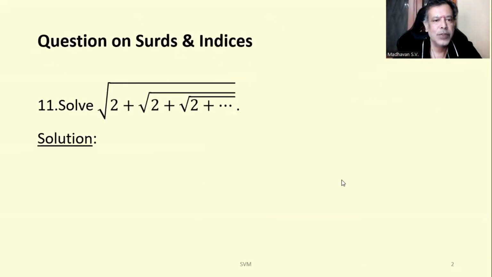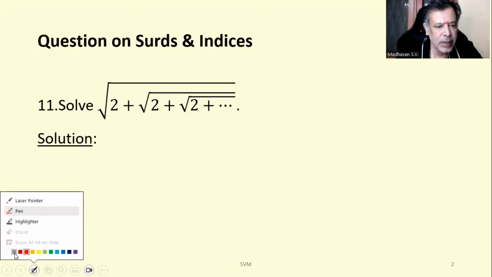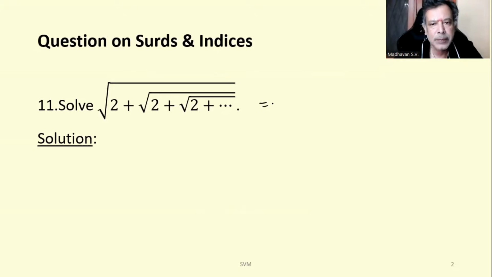In this, the first question, solve square root of 2 plus square root of 2 plus square root of 2 plus and so on. So first of all, we will consider this particular expression as x. So we can now rewrite this x is equal to square root of 2 plus, again, if you look into this, that is also x only.